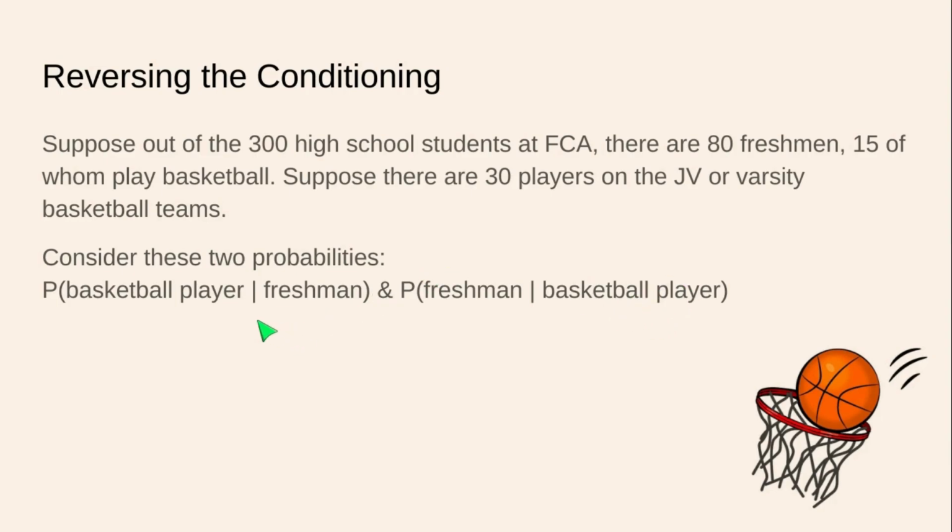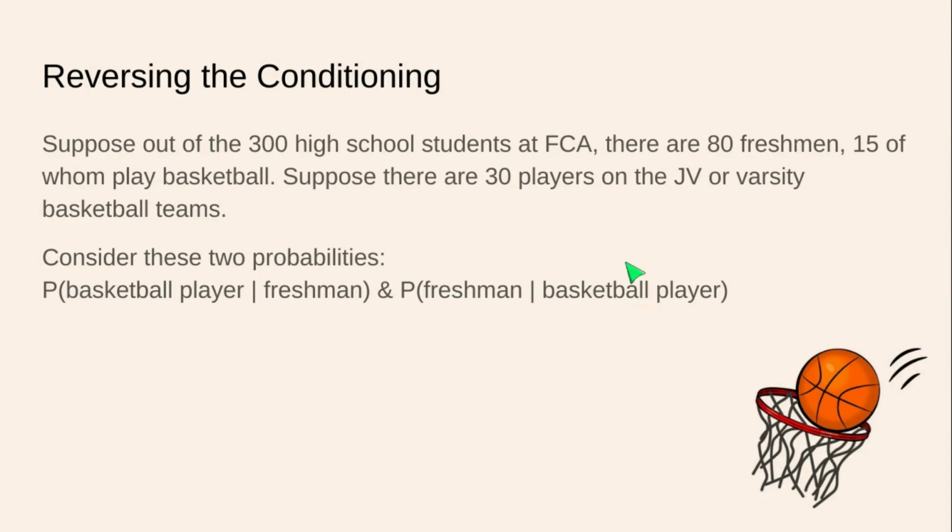So for our first one, how many freshmen are we dealing with? Well, there are only 80 freshmen out of the 300 students. And of those 80, 15 are basketball players, all right? So 15 out of 80 would be our unreduced fraction. Now you flip the conditioning around and we deal with all the basketball players.